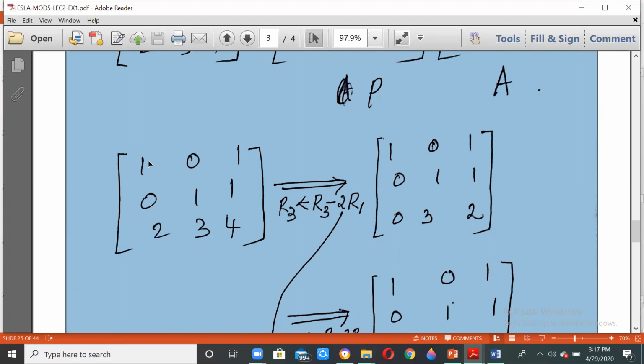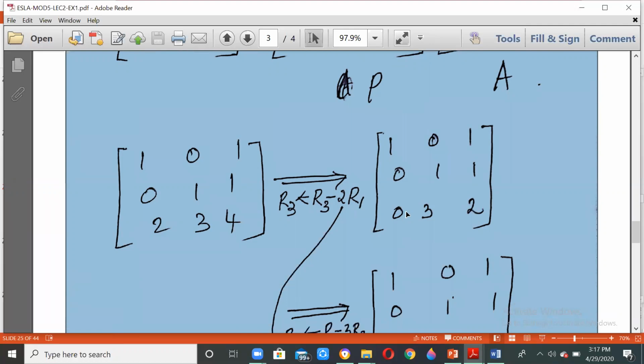R3 minus 2 R1 should go into R3 itself. So at that time, we will get a 0 here. 3 minus 2 into 0 will give me 3. 4 minus 2 into 1 will give me 2. So I have got this term here.